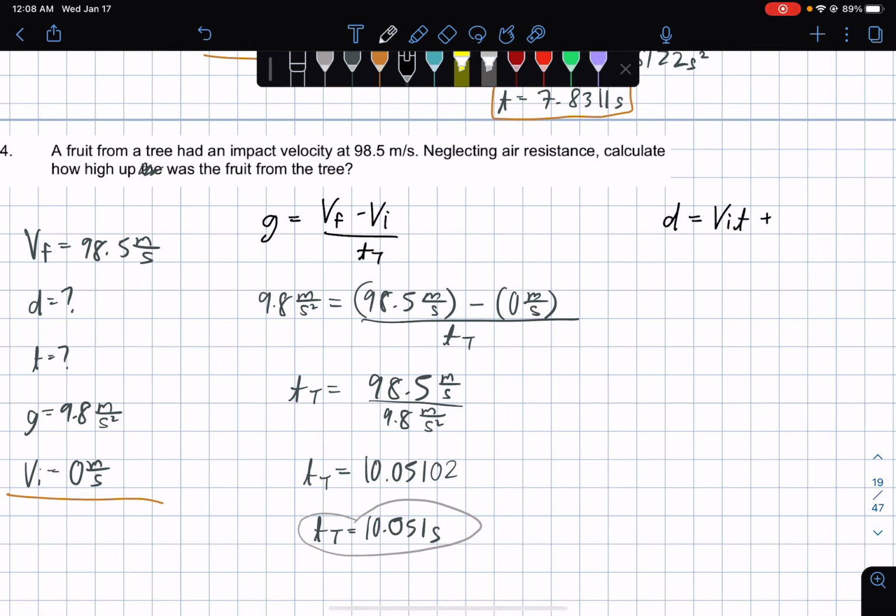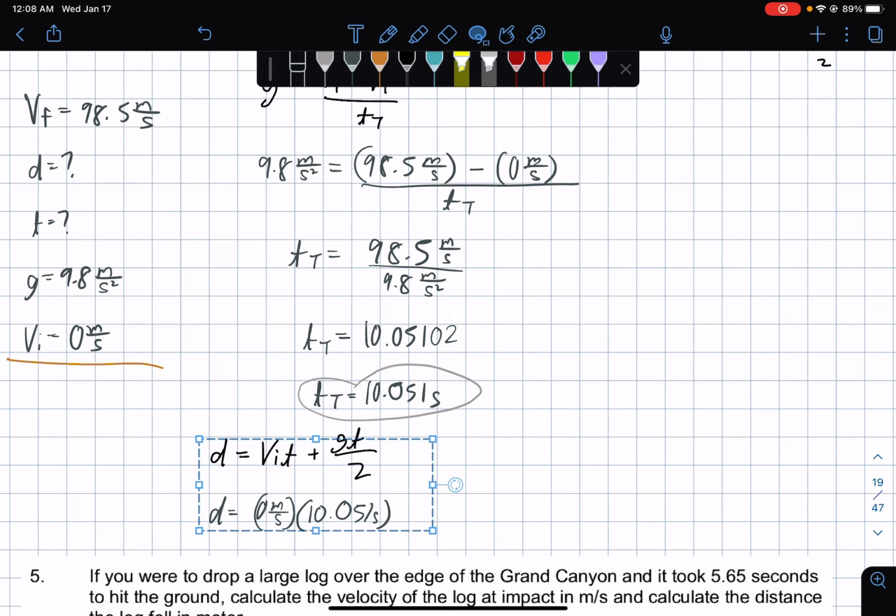D is equal to Vit plus Gt raised to 2 over 2. Distance is missing. Vi is 0. Time is, well, we know it as 10.051 seconds. We don't have space again. It's always like that.